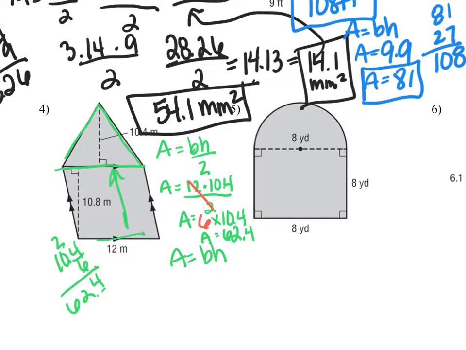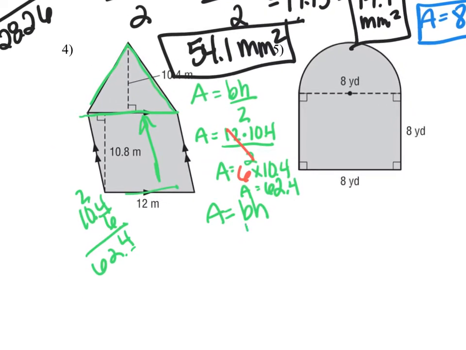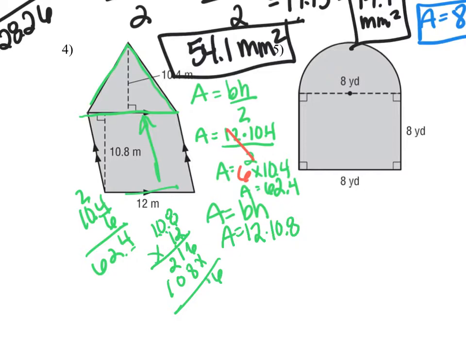Okay. So now we're going to do our parallelogram, which is base times height. Well, your base is 12 and your height is 10.8. And we got area equals 129.6.